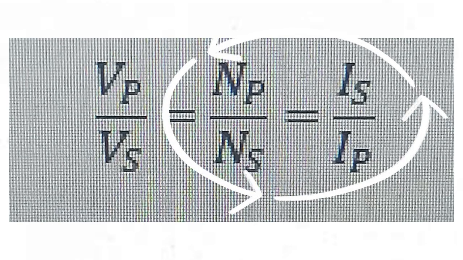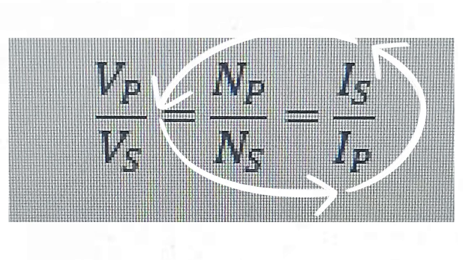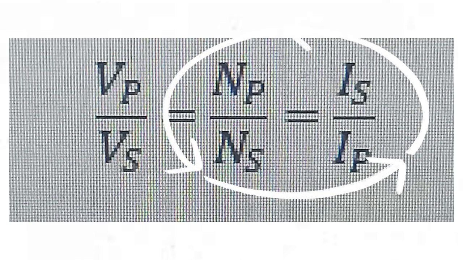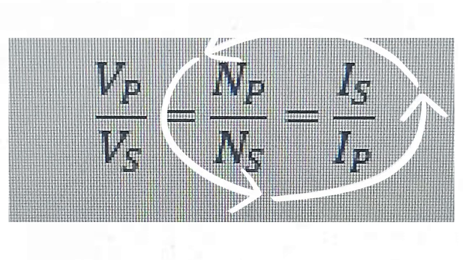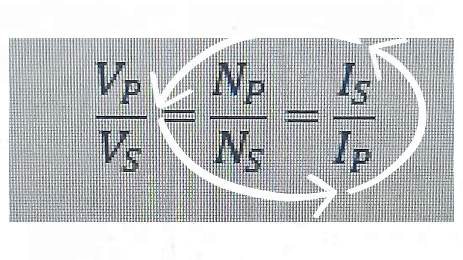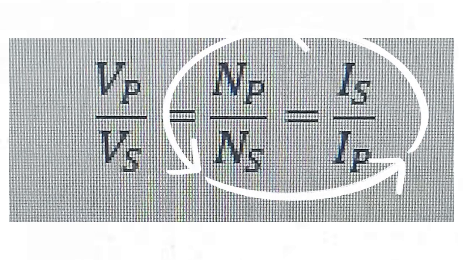IS over IP equals NP over NS, where IP is the primary current, IS is the secondary current, which is flowing from the load, NP is the number of turns on the primary, and NS the number of turns in the secondary.